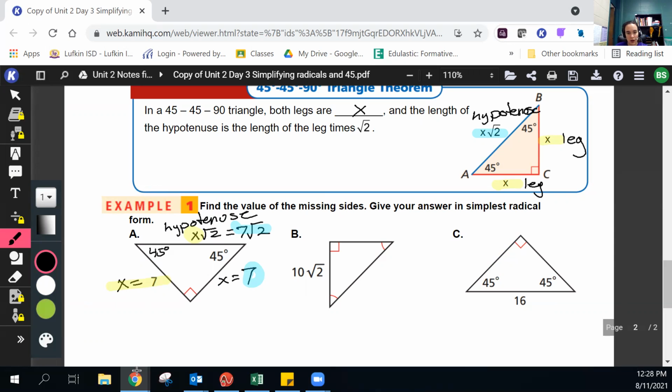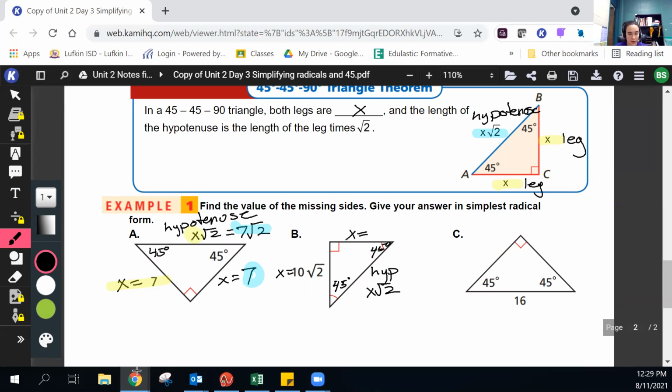Our next one, I know I've got a right triangle, and I know that these two angles are congruent. The only way for me to have a right triangle and these two angles to be congruent is if I have a 45, 45, 90 triangle. So again, I can label the triangle from there. Across from my right angle is my hypotenuse, and it is equal to x times the square root of 2. And that means my other two sides are both x.